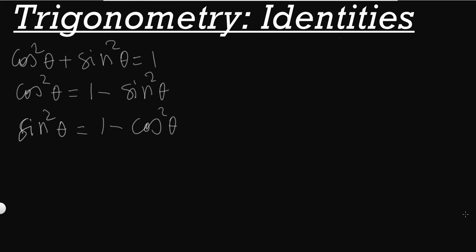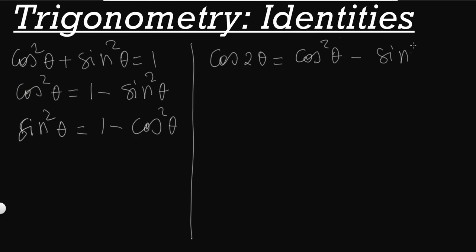So now we have other identities that come from compound angles, but I will anticipate about that, where we have cos 2 theta equal to cos squared theta minus sin squared theta.